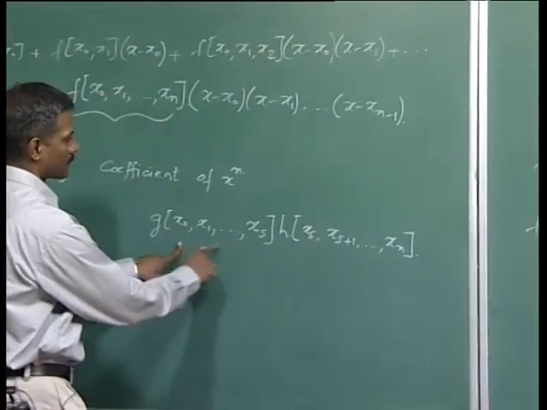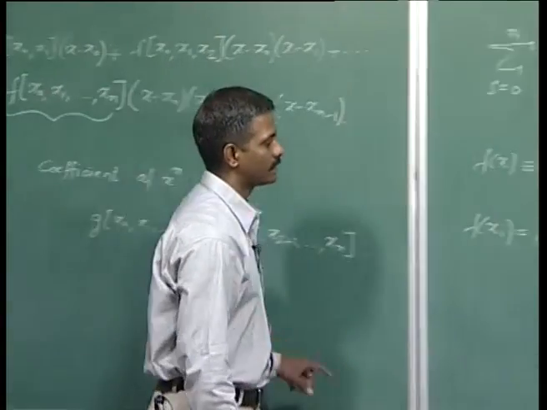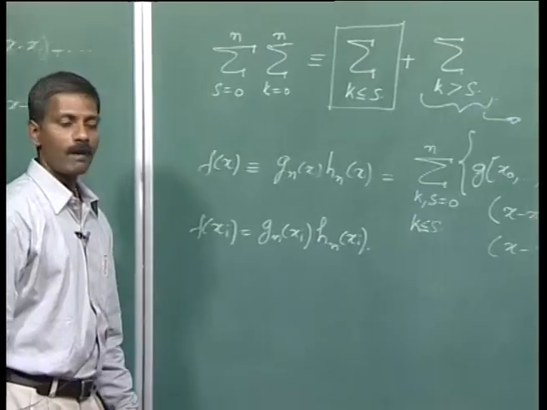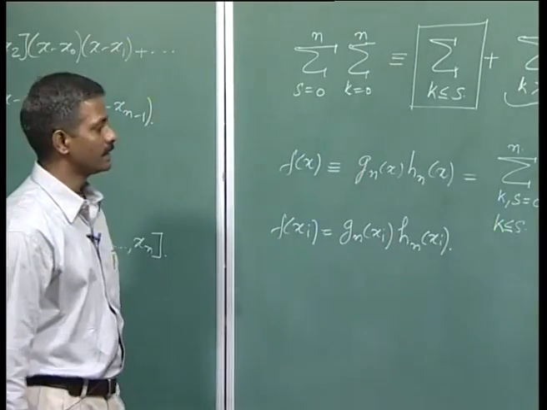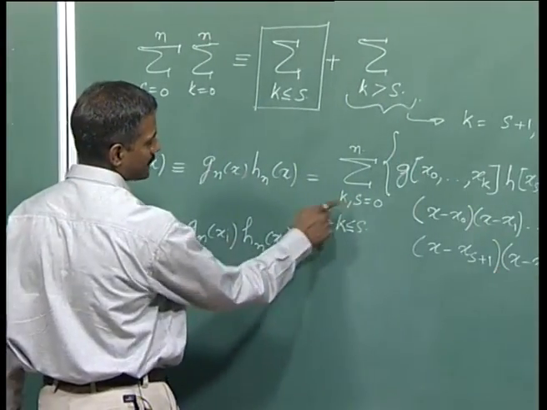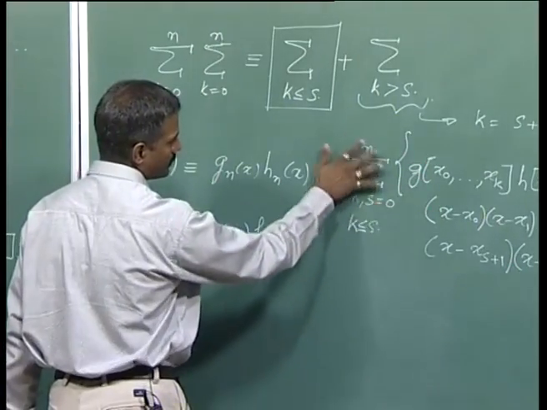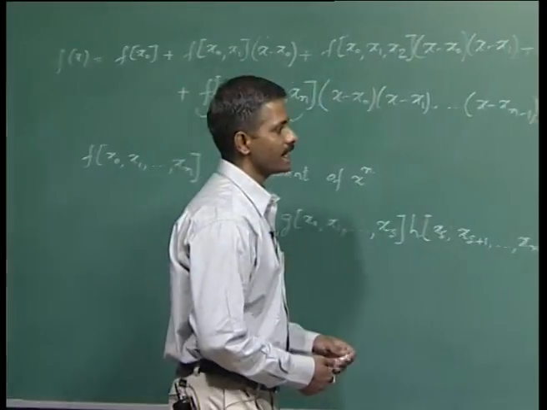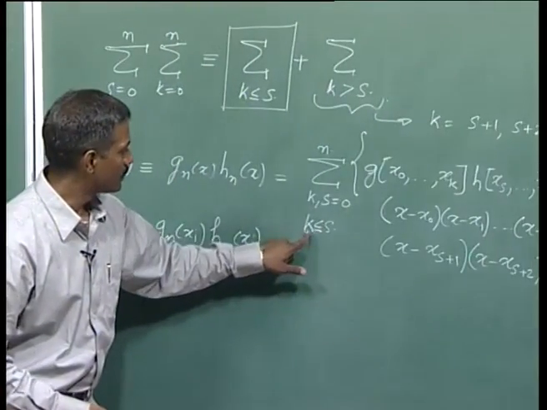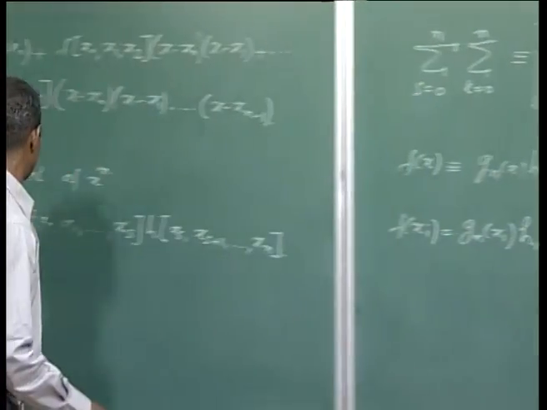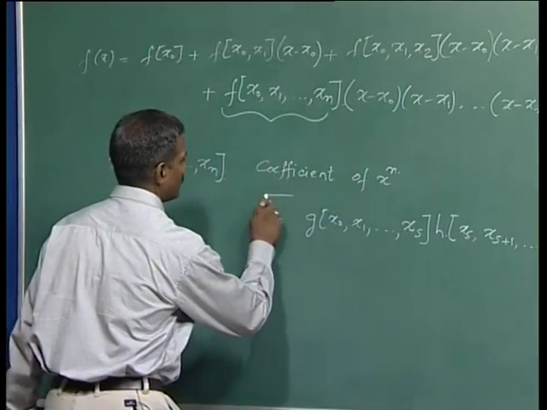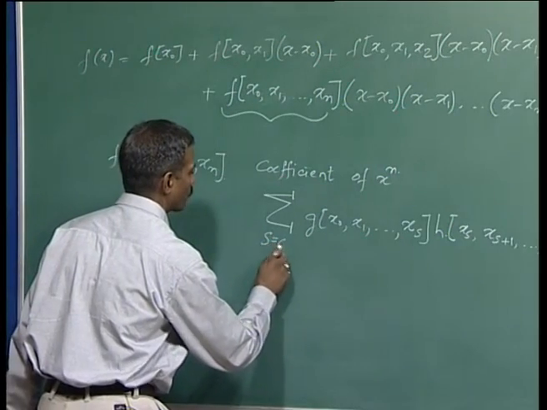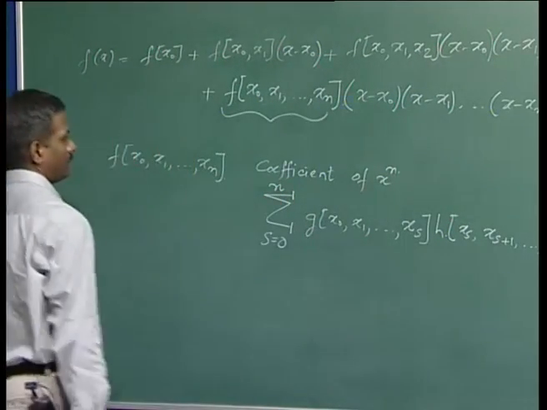Now, this expression corresponds to only one term here. How about incorporating summation in s? This is a double summation sign. The constraint here is only on values of k. So, if we incorporate summation in s, s would go from 0 to n.